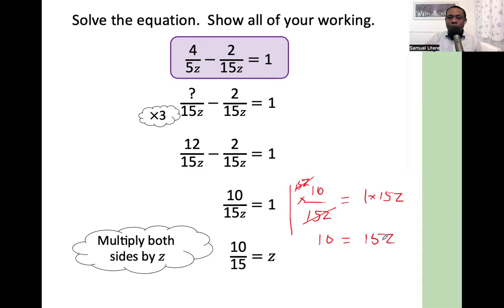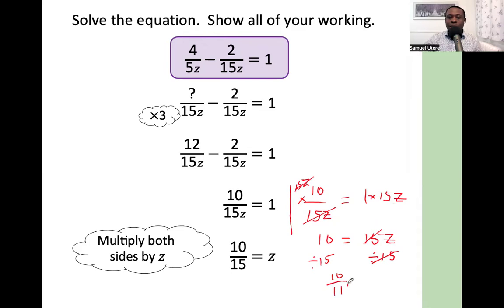Now remember, we want z to be on its own. So something has to go, and that is the 15. The 15 is multiplying the z. I write z like this so that it doesn't look like 2, right? So we have to do the inverse of multiplying by 15, which is what the 15 is doing to the z. And you see, we get the same result. So you choose the method you like to use, but we'll get the same result.